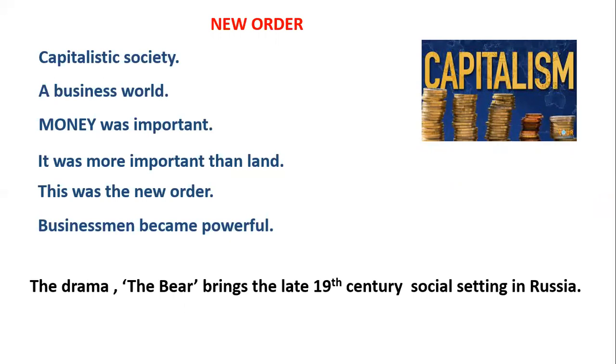Money became more important than land. During this period, people changed from feudalism to capitalism, and the result was the creation of a business world. Now we have a business world in Russia. Because of this, a new merchant class came and businessmen became powerful.